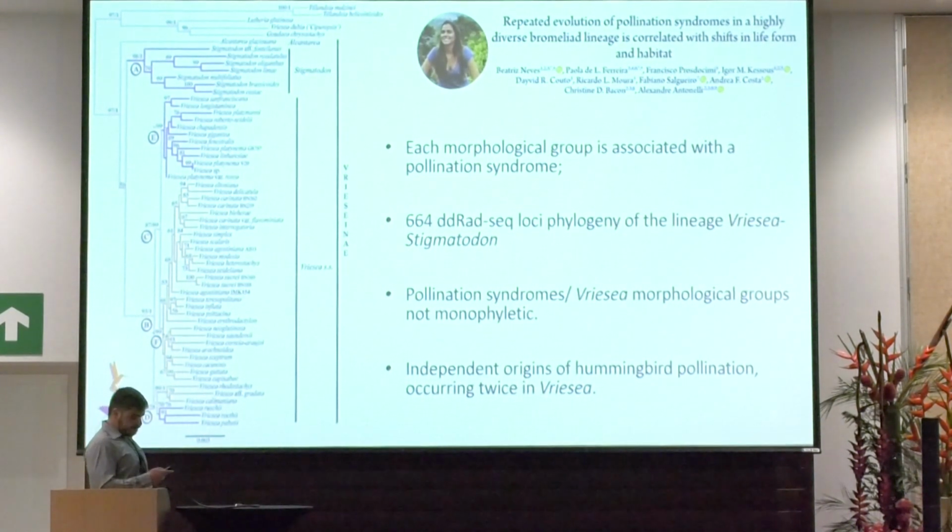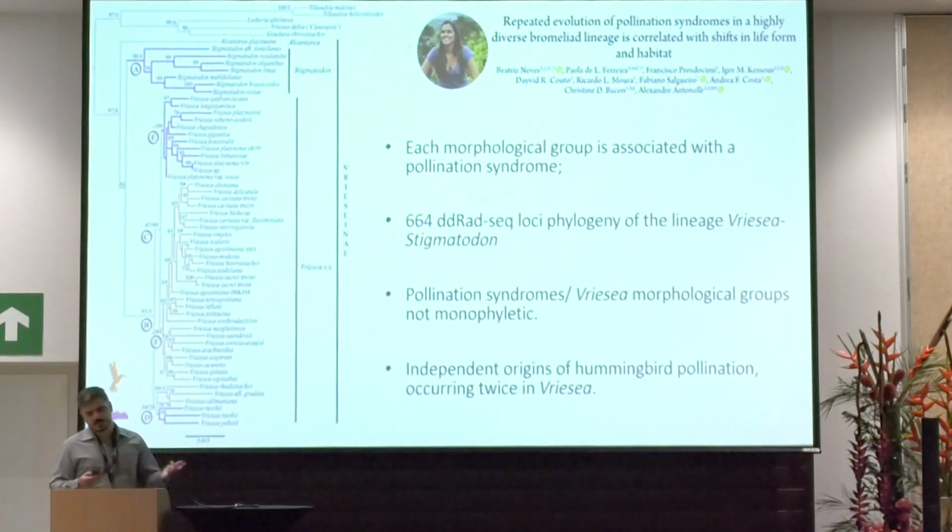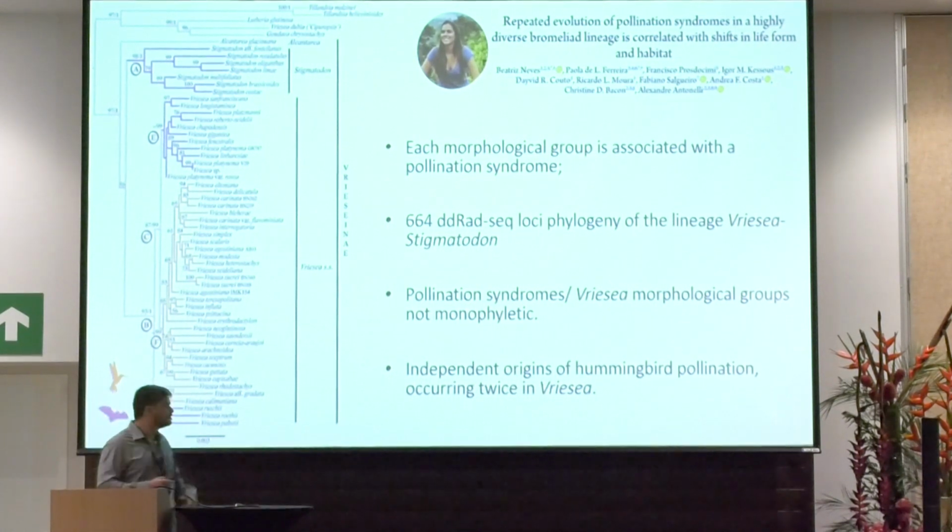And we performed the phylogeny using 664 loci of RAD-seq using the lineage Vriesea Stigmatodon. We included a different set of species. It's not so clear to read, but it is. So we observe here that the pollination syndromes and the Vriesea morphological groups are not monophyletic, as previous studies suggested before.